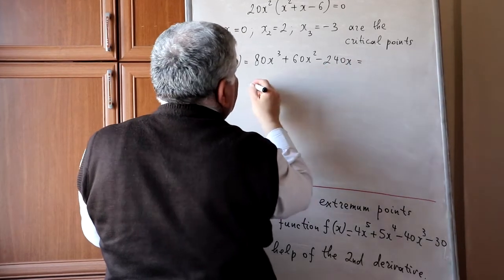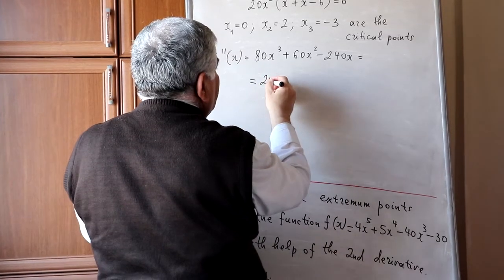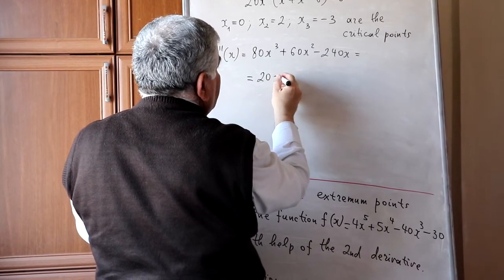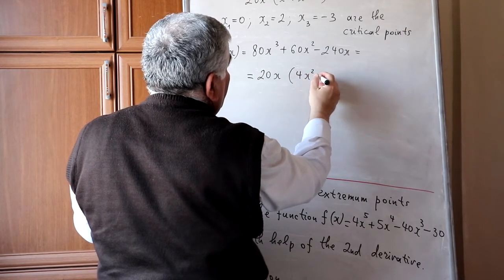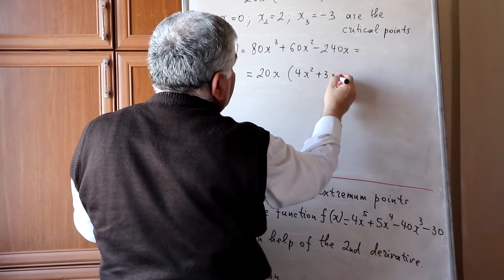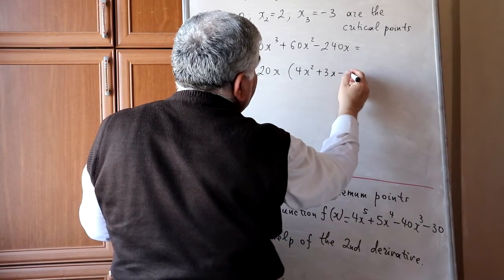Then here we can take 20x out of the parentheses. Then we have 20x times 4x squared plus 3x minus 12.